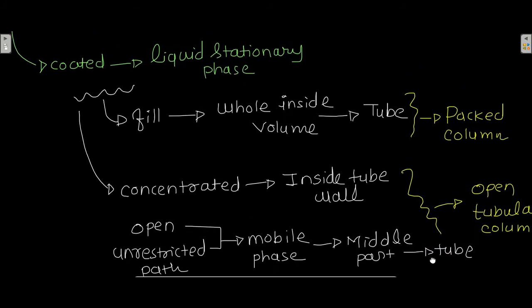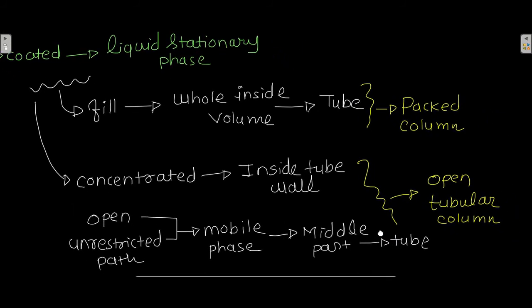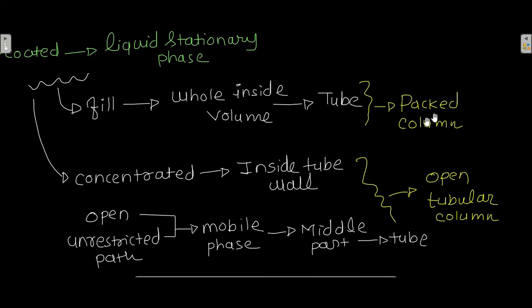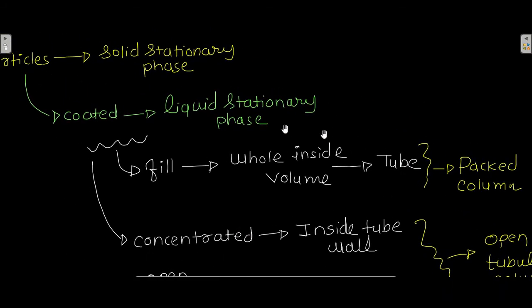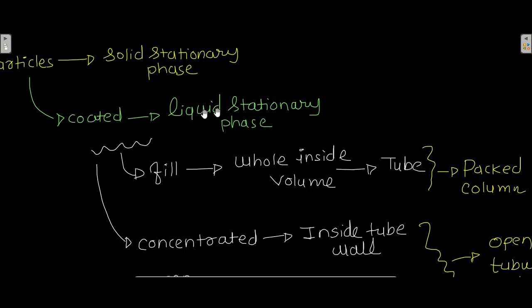So in column chromatography we have the packed column and the open tubular column. In a packed column, the stationary phase coated with a liquid stationary phase fills the whole inside volume of the tube.